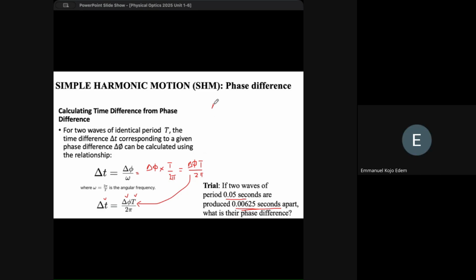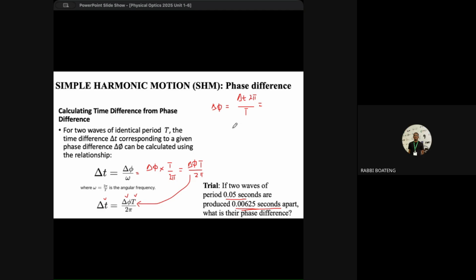Okay. So in making that the subject, you will get that the change in phase is equal to change in time times 2 pi over t, which is the period. Change in time, 2 pi on t. Okay. 0.0025 is the change in time, times the 2 pi.